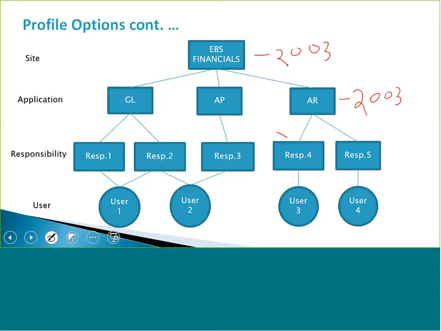All right. So if the Excel version set at the responsibility level is also 2003, let's use that example that Bob just described. Let's assume this user has the Excel version installed on their desktop as 2010, but the profile option that has been defined at the responsibility level is 2003.